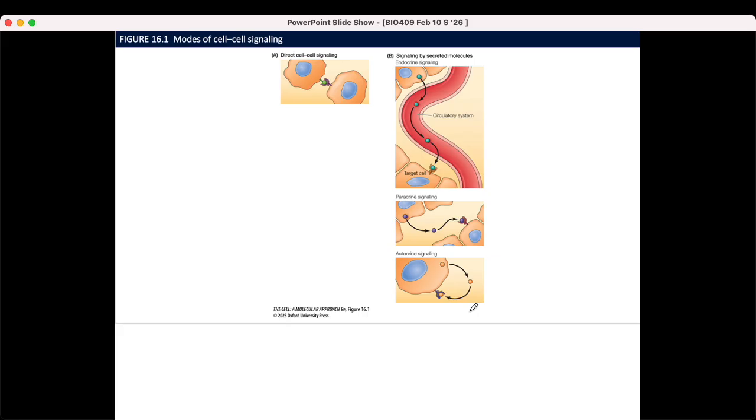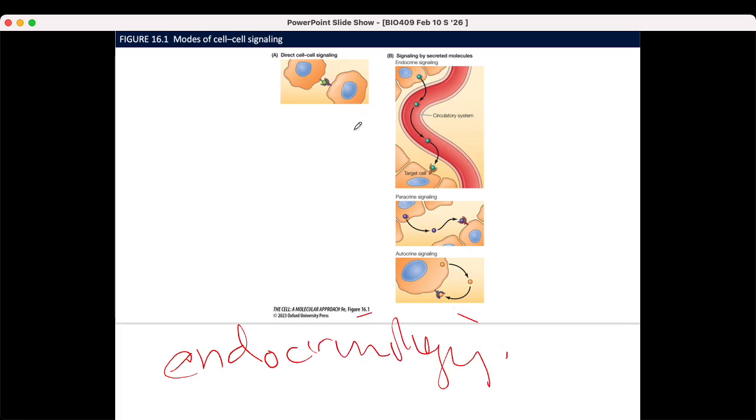So here's a figure from the start of chapter 16, and it defines a couple terms because we're in the big field of endocrinology when we talk about cell signaling. Endocrinology includes the study of hormones, and there's a synonym for hormones.